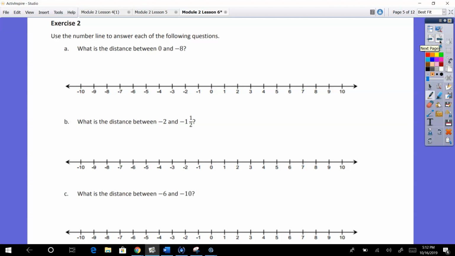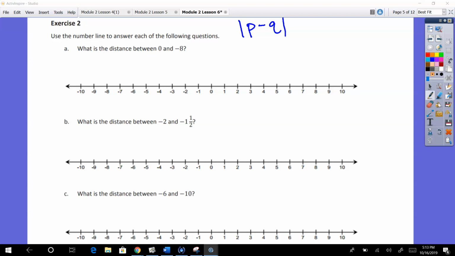Exercise 2, use the number line to answer each of the following questions. We want to know, what is the distance between 0 and -8? You are welcome to use your number line. You also need to be using what we were just looking at, which was the absolute value of P minus Q. But you can use either one first, but use your number line to verify your answer.